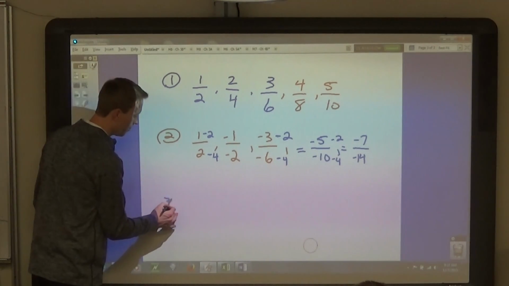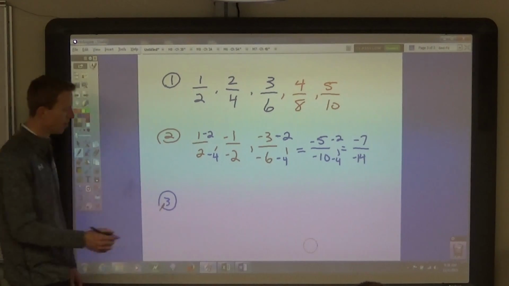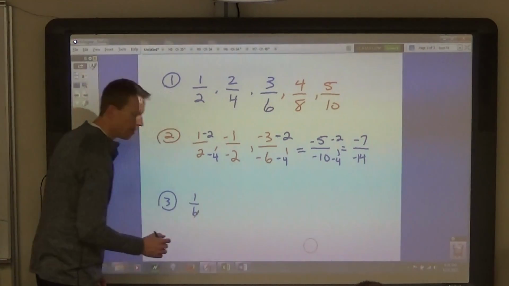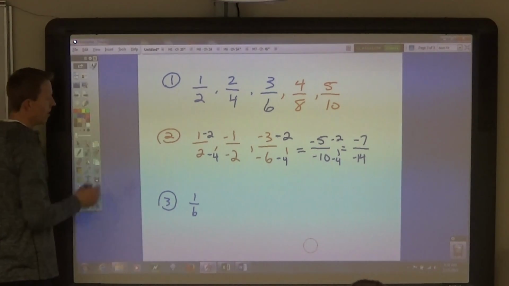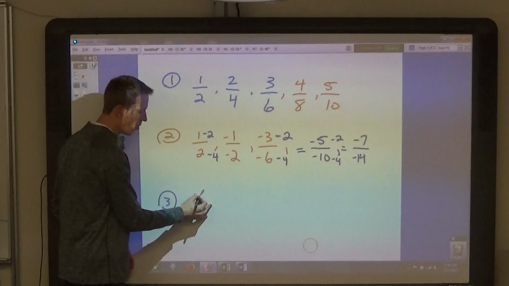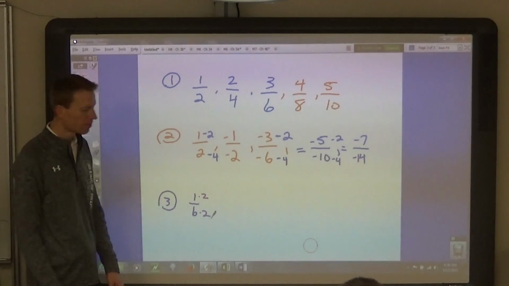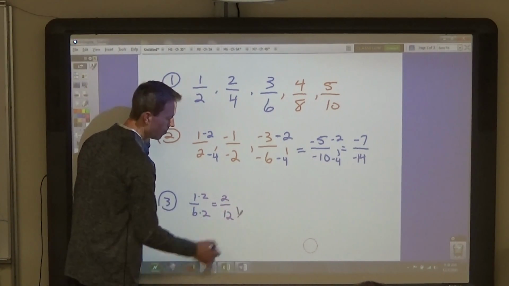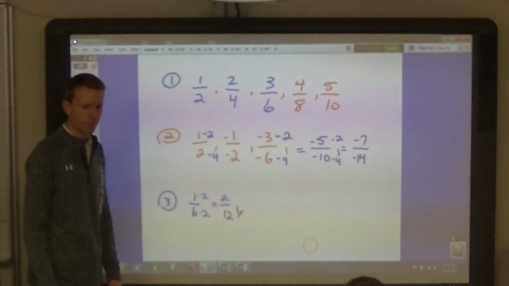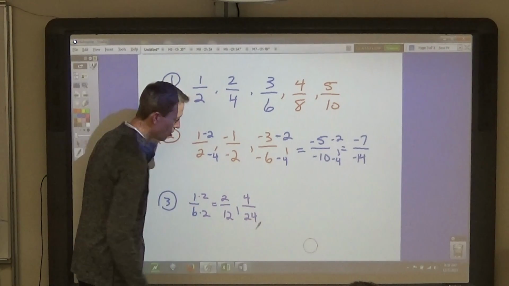Number 3. Write 3 fractions equivalent to each fraction. So 1/6 is given. Now in this case, we could just multiply both by the same number. Show the times 2 thing, just once.